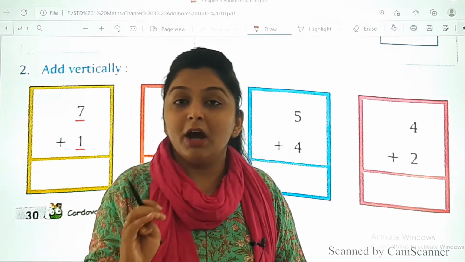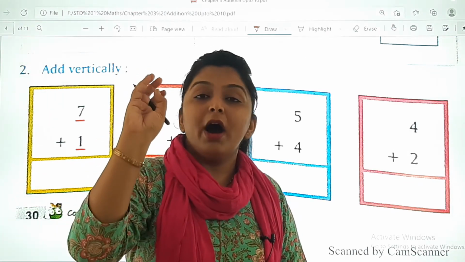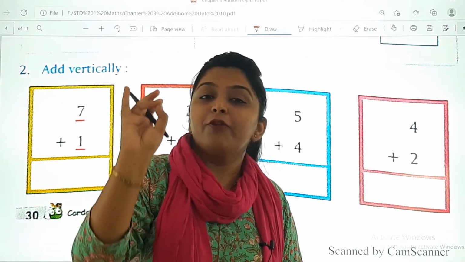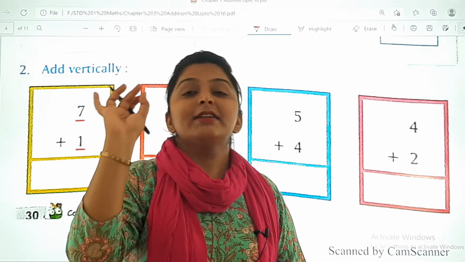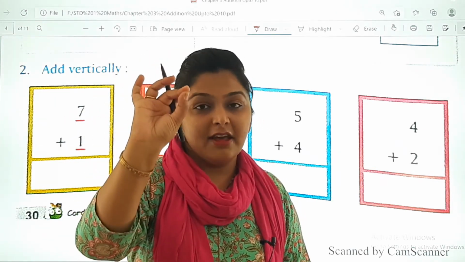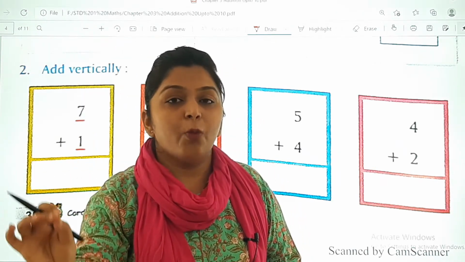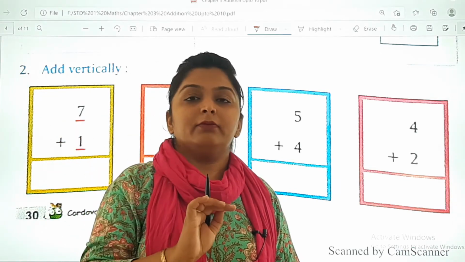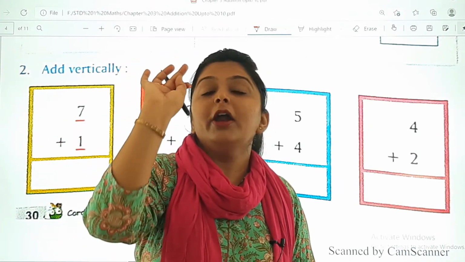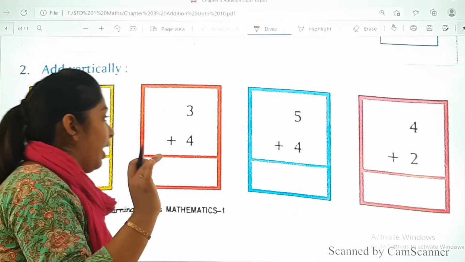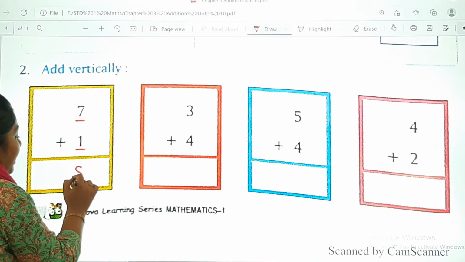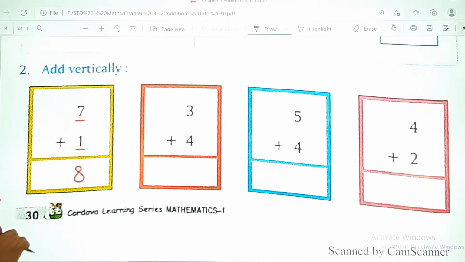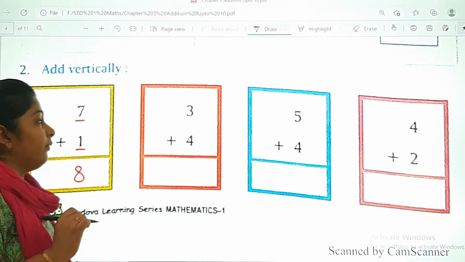Yes, you can do the counting on your fingers. 1, 2, 3, 4, 5, 6, 7. We got 7 here. Plus we have to add one more number. So we will get 8. So your answer will be 8. Like this you will write the answer.